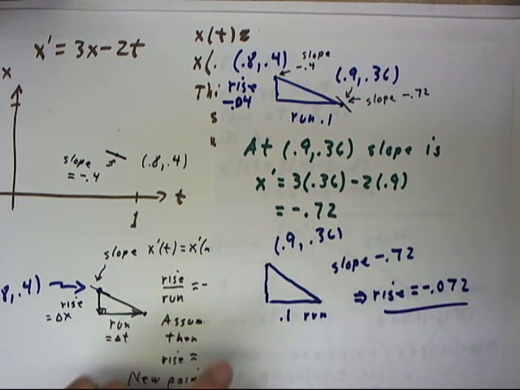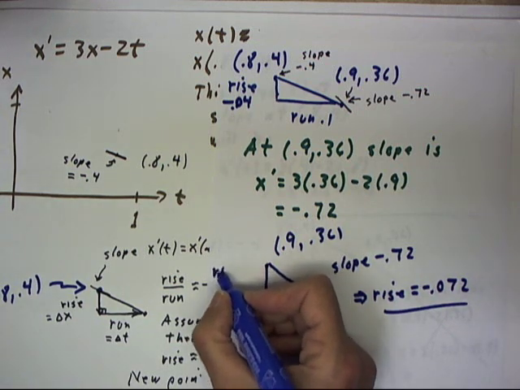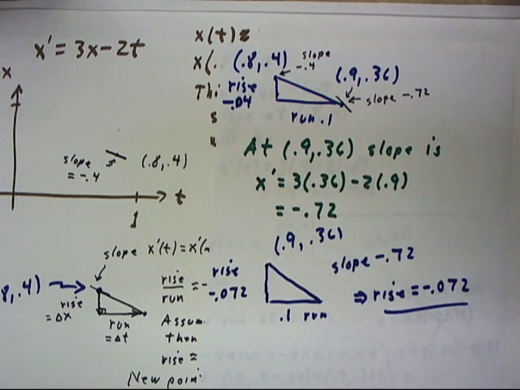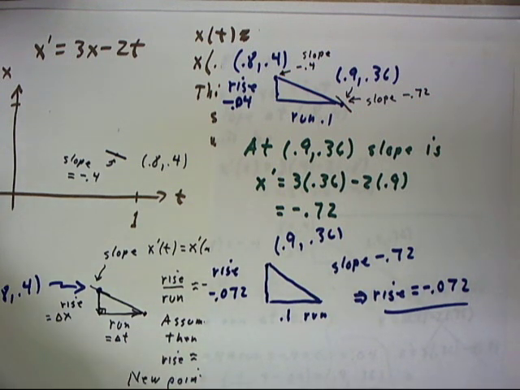Now we're not going to go through the details of calculating that, but it's calculated in exactly the same way it was here, just using the new slope. So we have a rise of negative 0.072, and that allows us to calculate a new point. Our new point is going to have coordinates 0.9 plus 0.1.